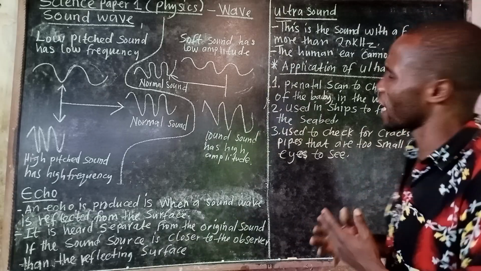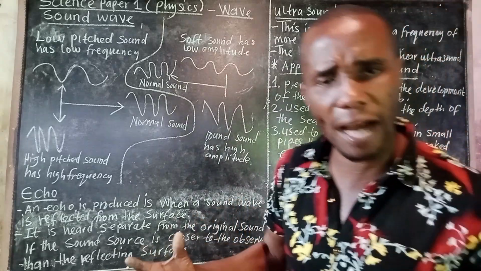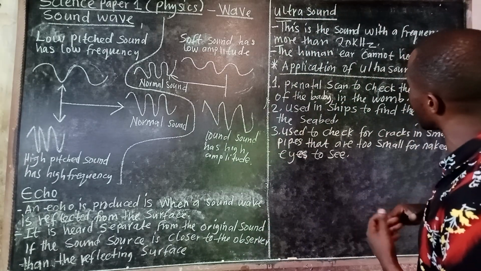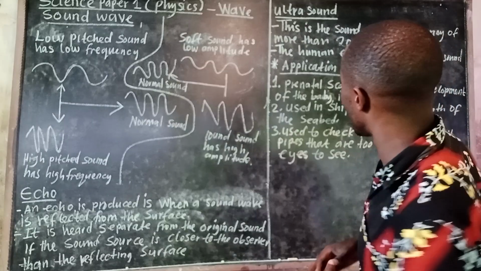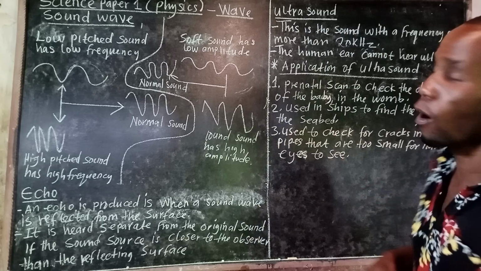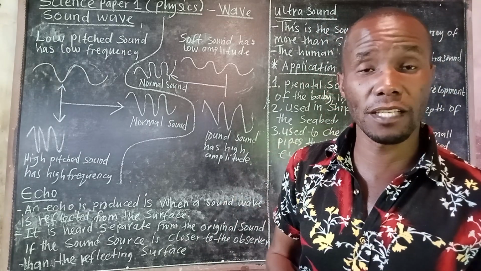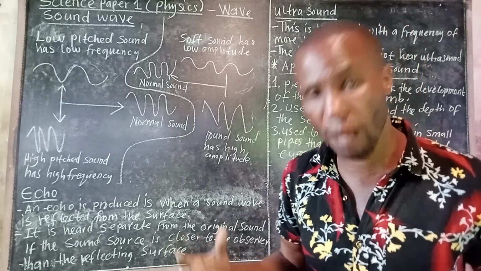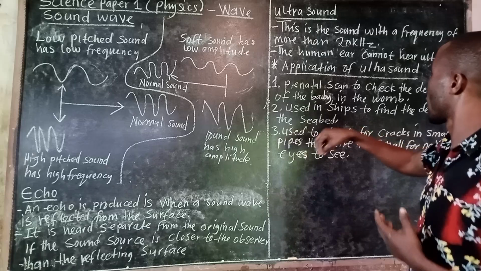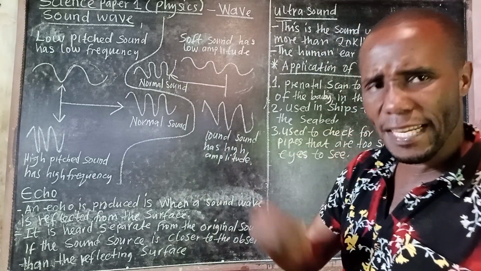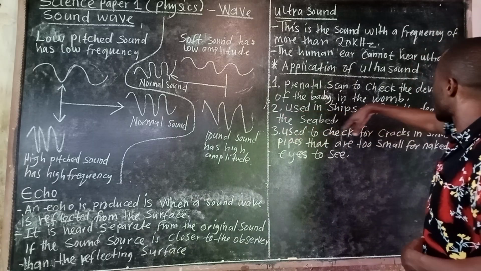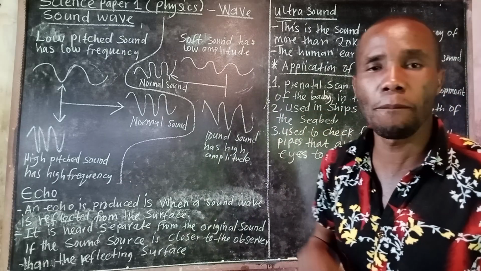Now let us look at the application of ultrasound. Ultrasound is used in so many ways. Let us look at some of them. One, prenatal scan to check the development of the baby in the womb. Sometimes it is in the form of a solution. So that sound is used to check inside the womb the development of the what? The baby. Two, it is also used in ships to find the depth of the seabed.